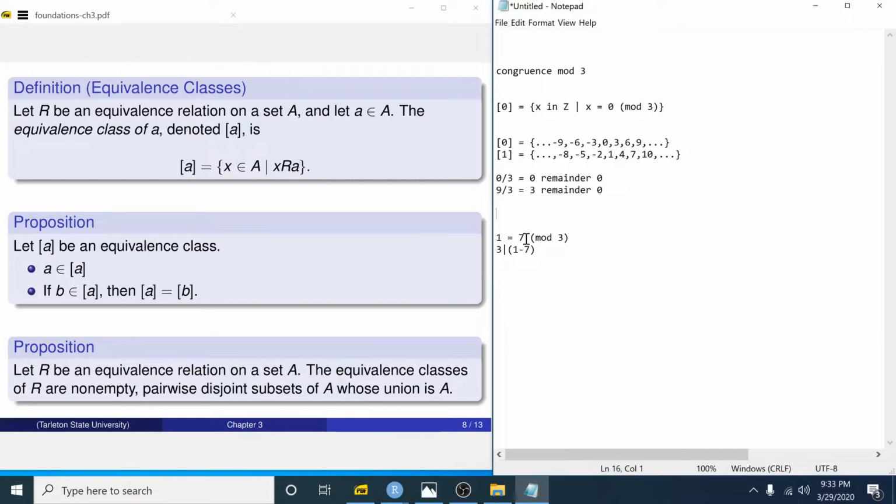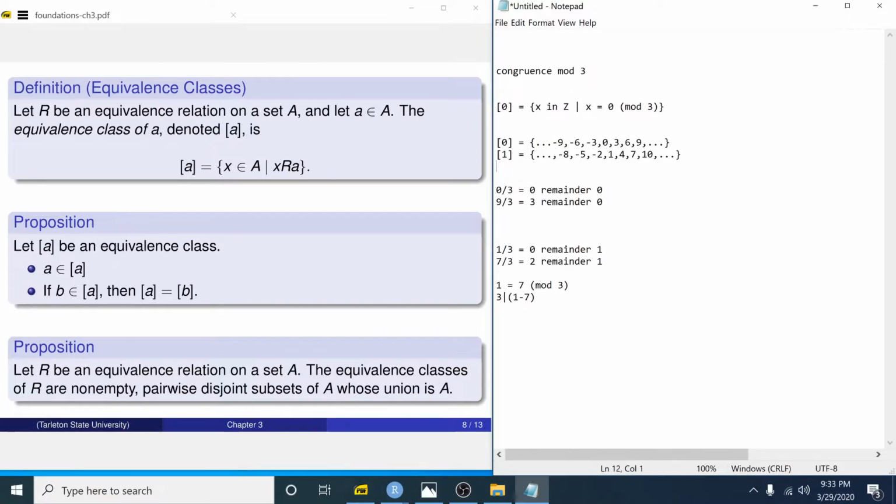But again, probably an even more insightful way to think about it is that 1 divided by 3 is 0, remainder 1, and 7 divided by 3 is 2, remainder 1. If you take any number in here and divide it by 3, you're going to get a remainder of 1, like 10. 10 divided by 3 is going to be 3, remainder 1. All of these things in this set have a remainder of 1 when you divide by 3.